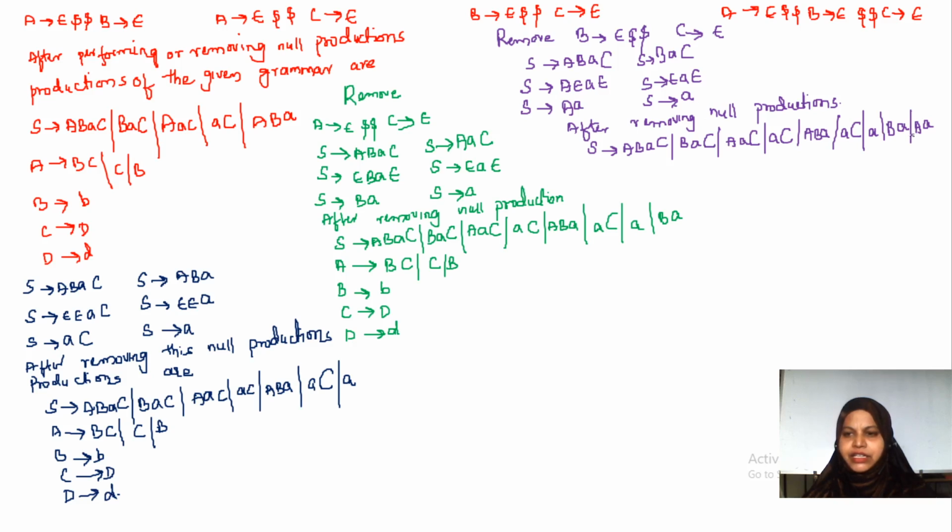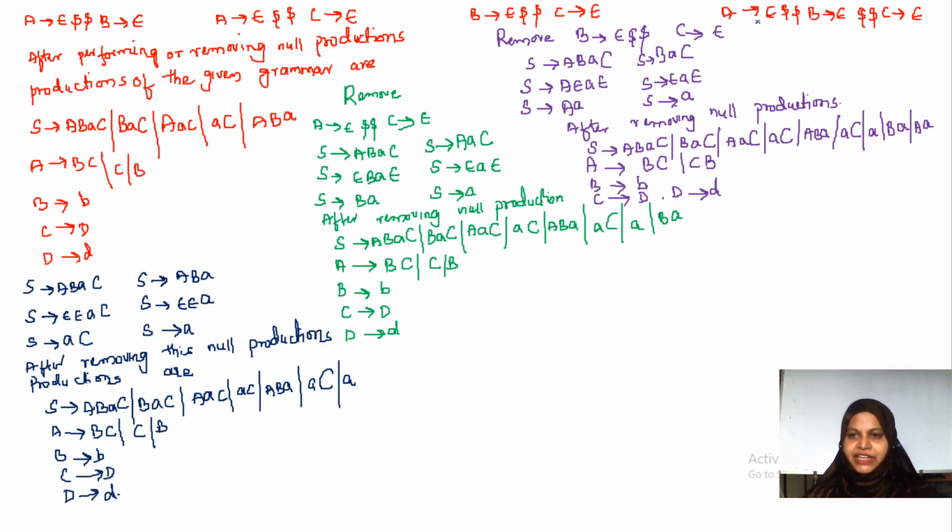A tends to B, C, C, B. B tends to B, C tends to D, D tends to D. Yes, this removal is completed.